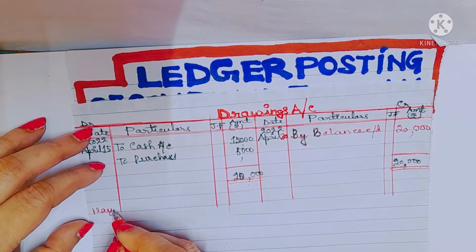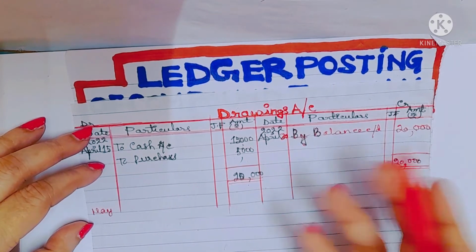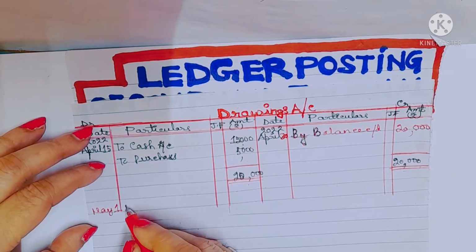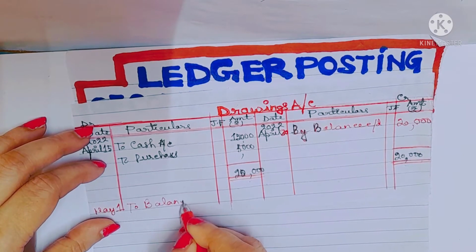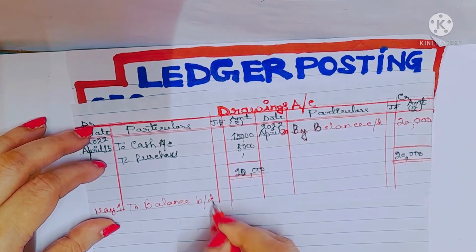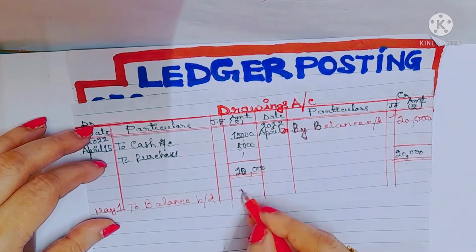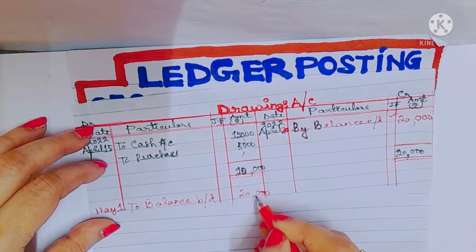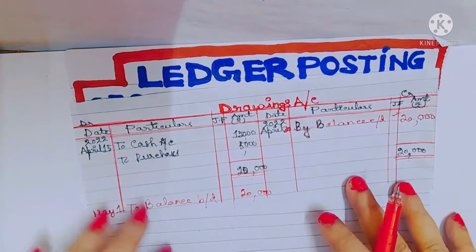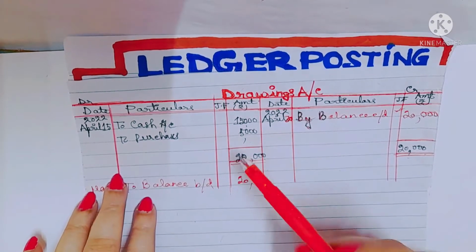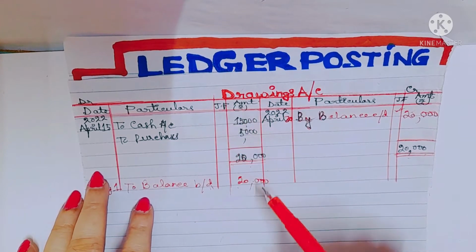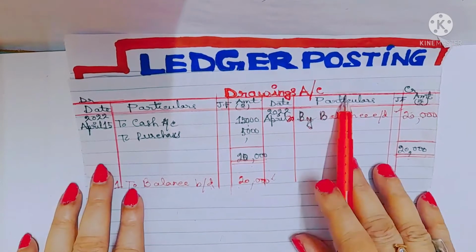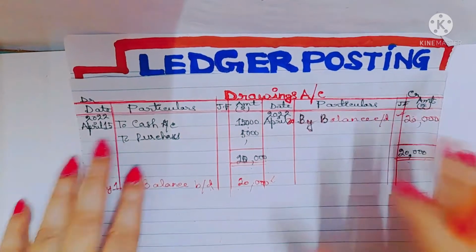The very next day, 1st May, to balance BD. How much? This sum, 20,000. So drawings account is a debit balance. Why? Because debit side is greater than credit side, and moreover to balance BD is beneath the debit total. This amount. Understood? Let's do the next account.